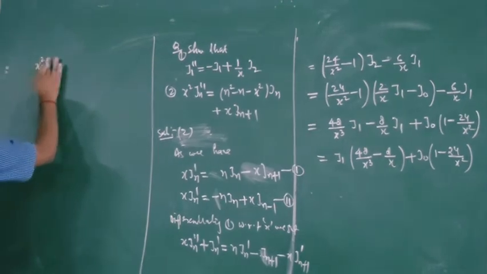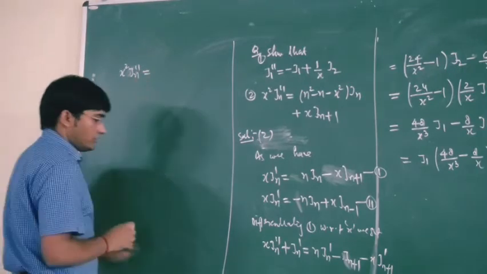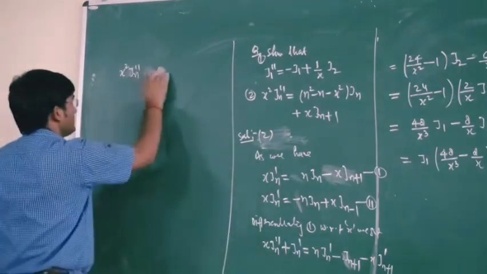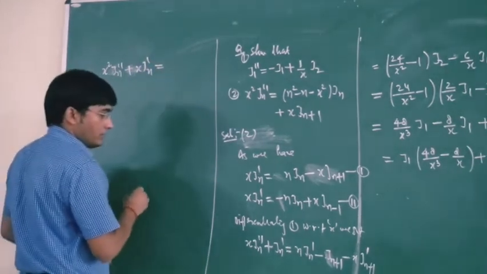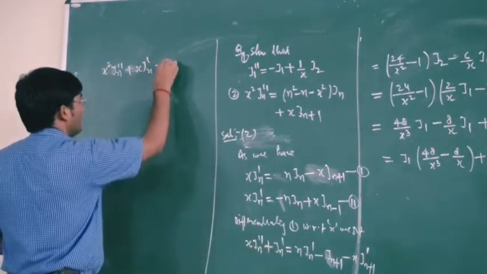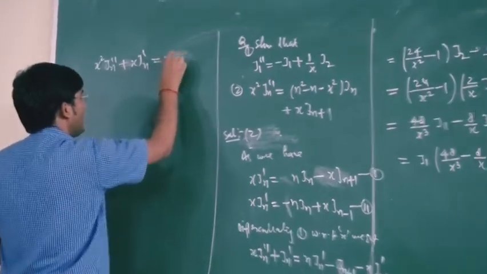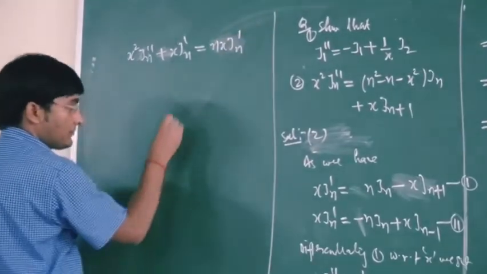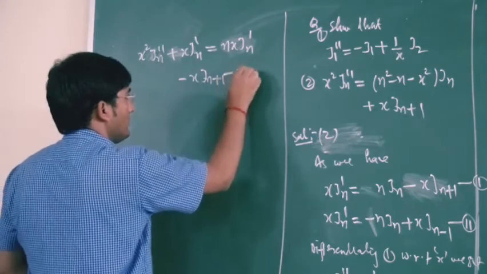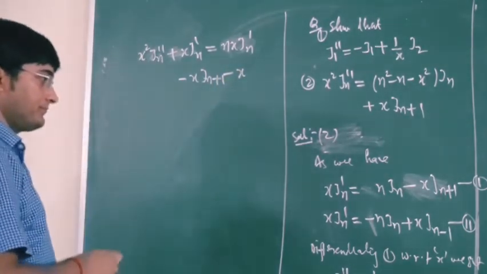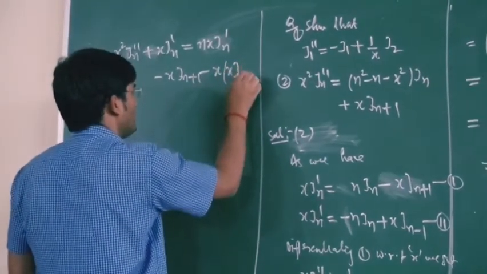So we will have x square Jn double dash equal to x into Jn dash. Now in the right hand side the first term is n Jn dash, as we have multiplied the whole equation by x, so we will have n x into Jn dash, minus x Jn plus 1, then we will have x square Jn plus 1 dash, or we can write it as x into x Jn plus 1 dash.